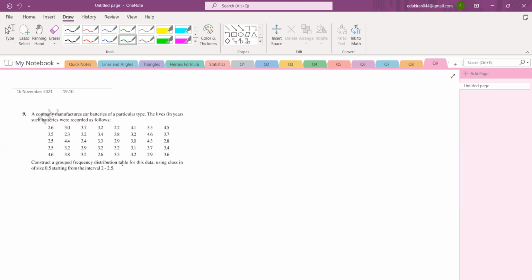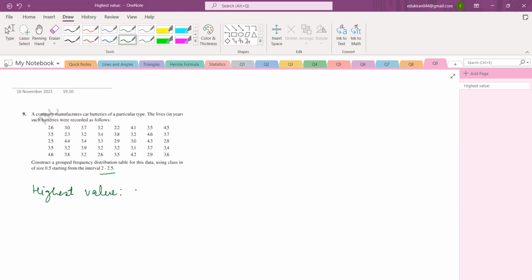Construct a grouped frequency distribution using class interval size 0.5 starting from interval 2.25. So he is already making the thing simple. So just note down which is the highest value here in the data. Ma'am, 4.6.